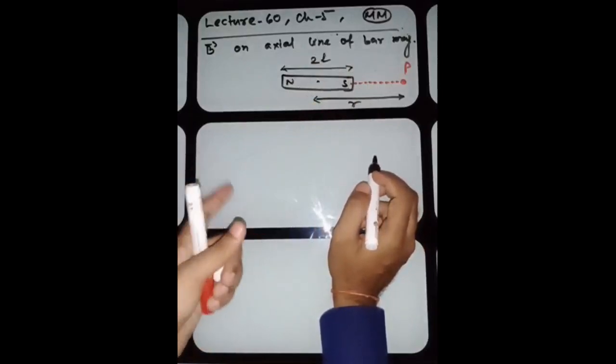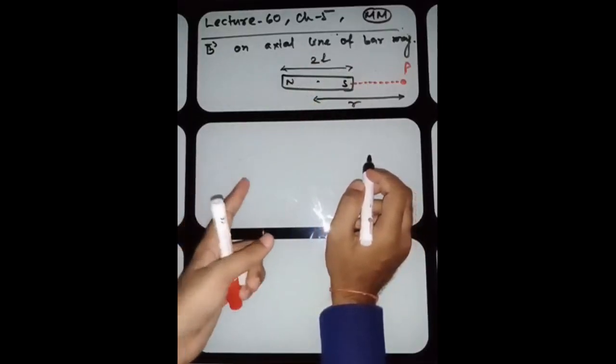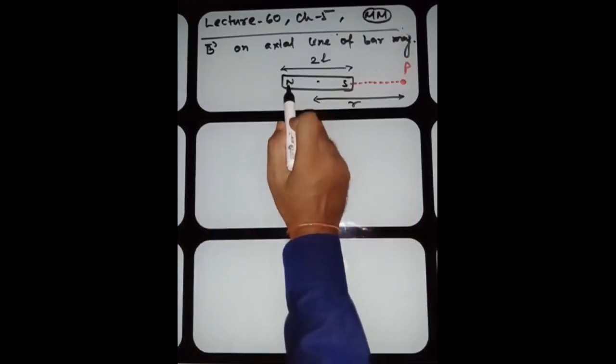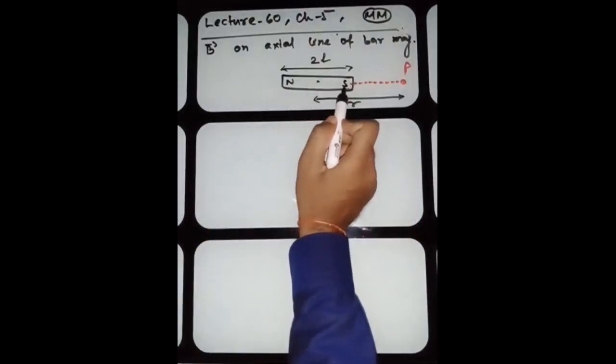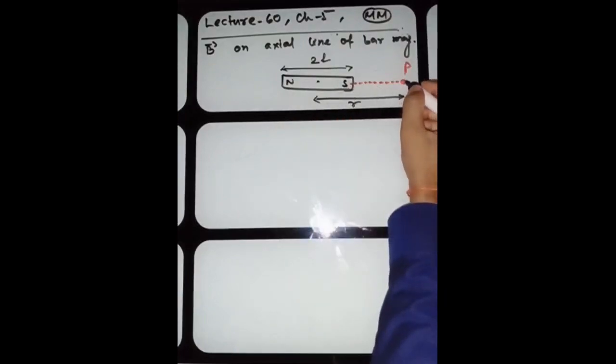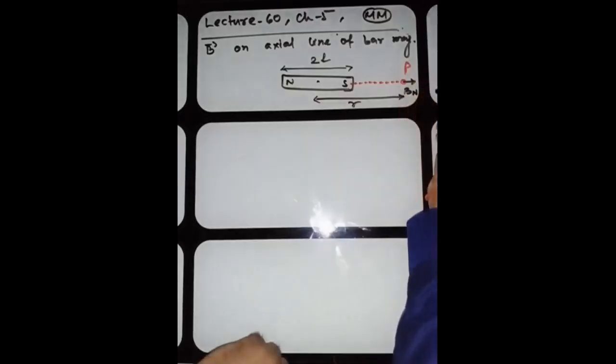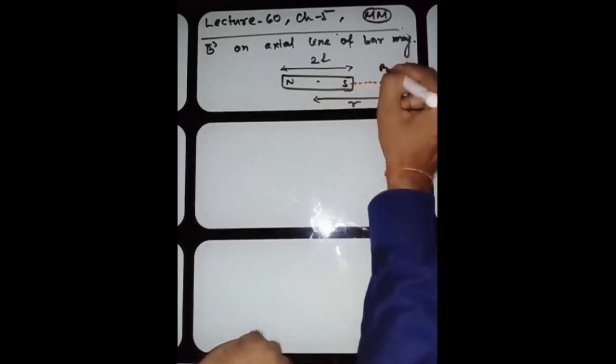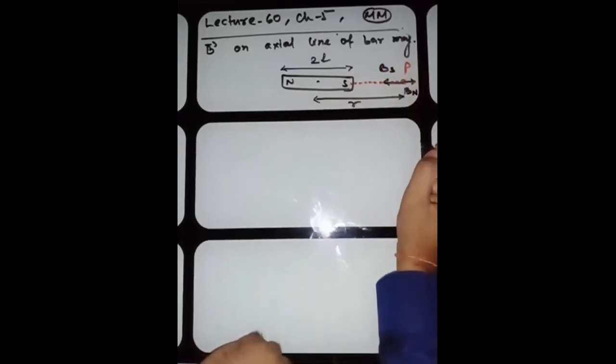We know that the magnetic field lines are away from the north pole and towards the south pole. So due to the north pole, at this point the magnetic field will be in this direction, so I'm writing B due to north pole, and due to the south pole it will be in this direction, so I'm writing B due to south pole.